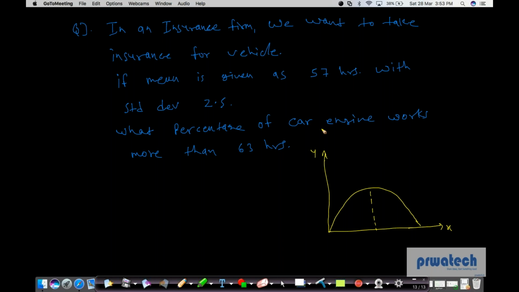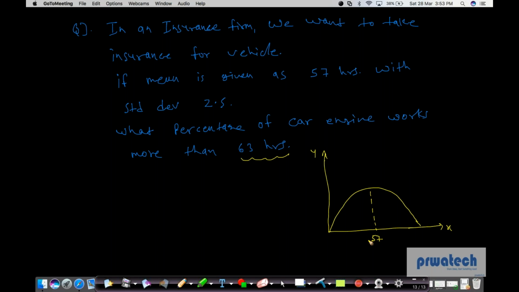What is the mean here? 57 hours, with standard deviation 2.5. They're asking me more than 63, so I need to check this side, because they're not asking me in between, or less than 57 also. The question is more than 63 hours. I need to check this.